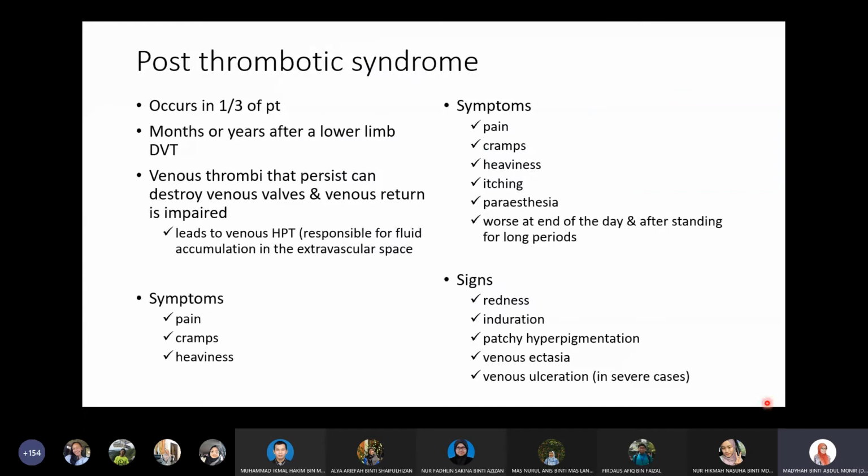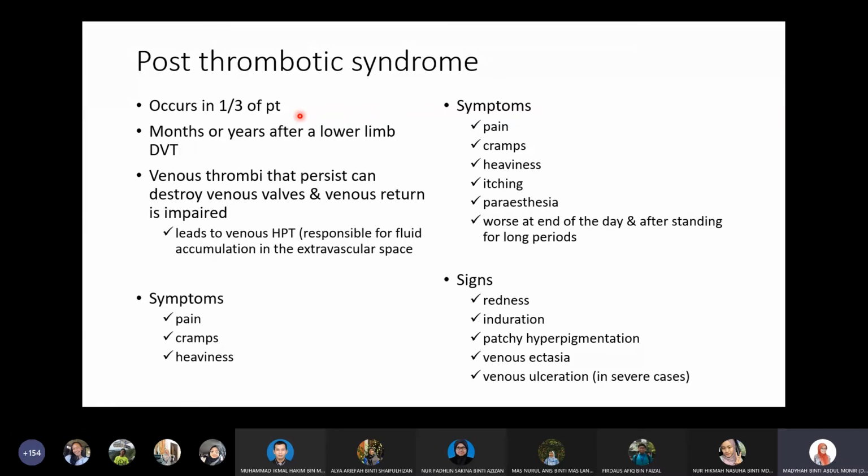There is a syndrome in patients who develop DVT, what we call post-thrombotic syndrome. Usually it occurs in one third of the patients, around 30%, and usually it happens months or years after developing lower limb DVT.